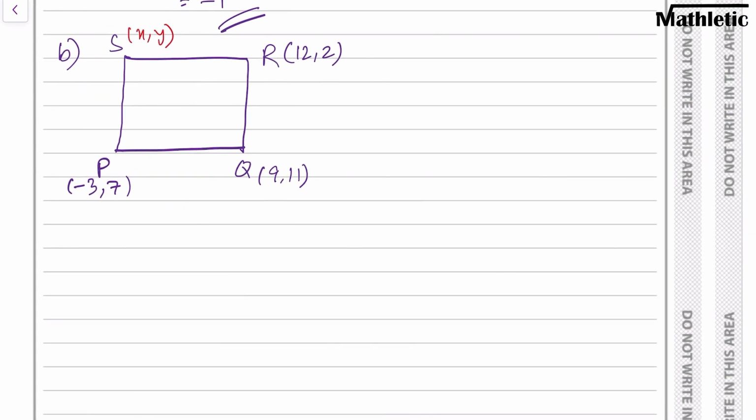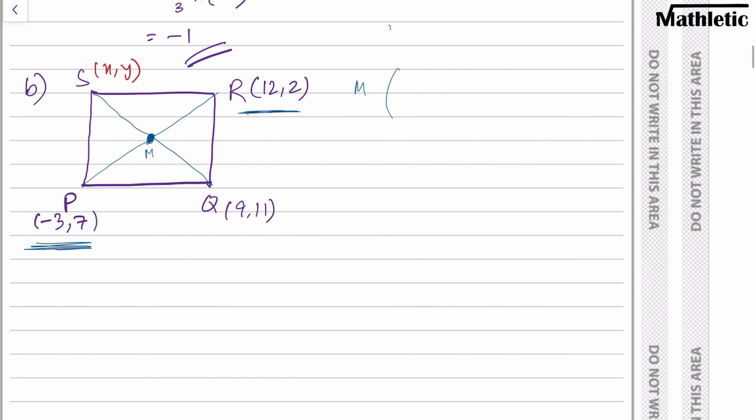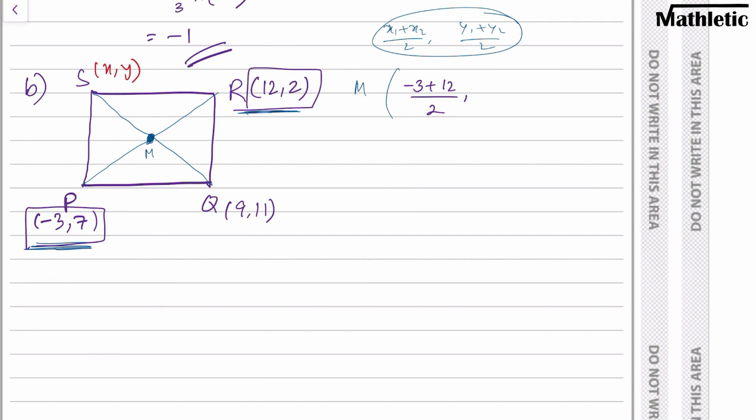For a rectangle, we know that the diagonals will intersect at the center. So at first, I will be using the coordinates of P and R to calculate the midpoint, which is at the center. Let's denote it with M. The coordinates of M will be, the formula for the midpoint is what? x1 plus x2 by 2, y1 plus y2 by 2. So I will be using P and R. Minus 3 plus 12 by 2, then 7 plus 2 by 2.